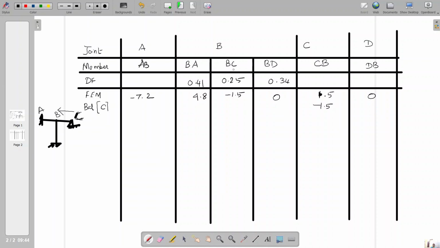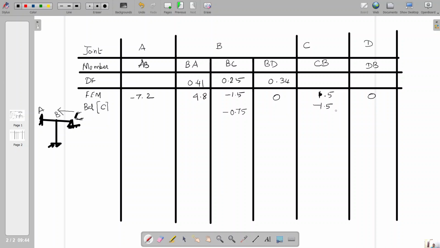The CB and BC are relatively connected. So the minus 1.5 should be halved and distributed here as minus 0.75. You should not carry over from C to the nearest span BD. It is relatively meaningful to carry over C to B. So you search for the term BC.